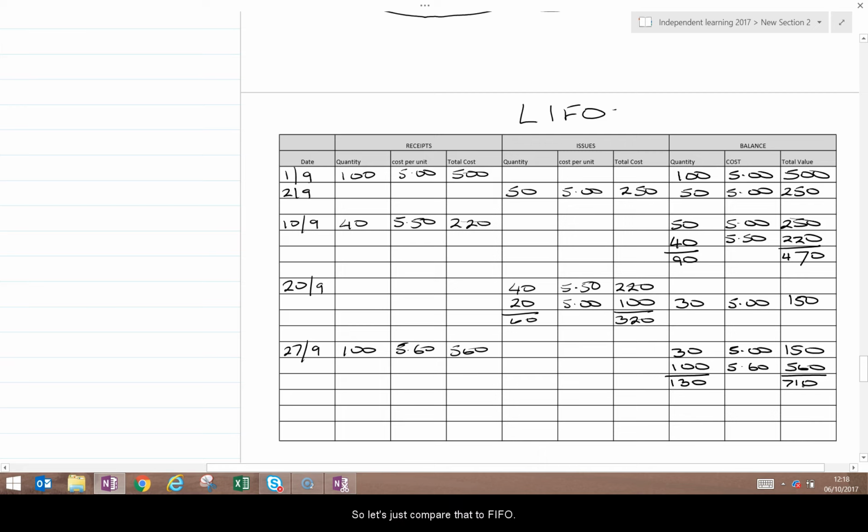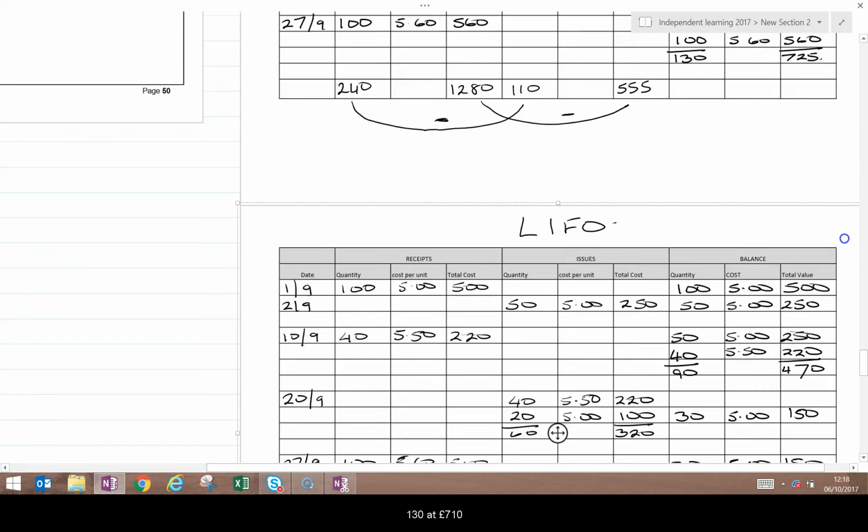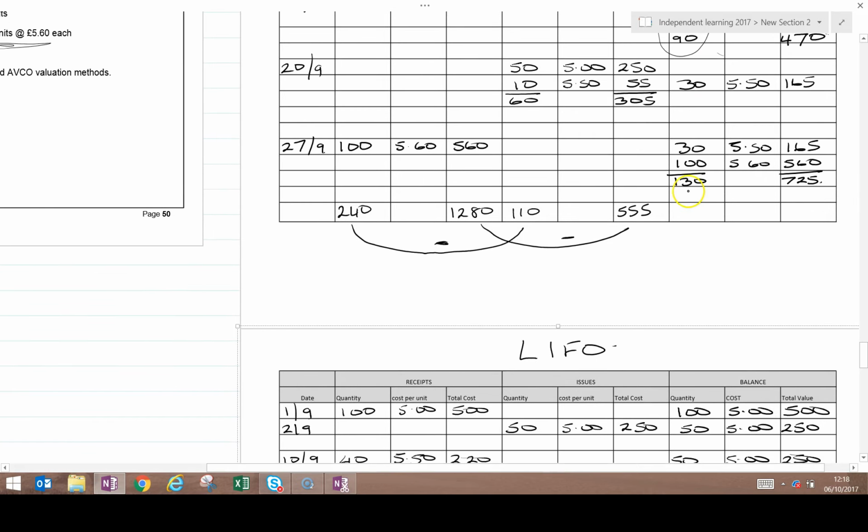So let's just compare that to Fifo. 130 at 710, Fifo 130, so we would expect the units to be the same, but they were valued at 725. So we've got a higher valuation.